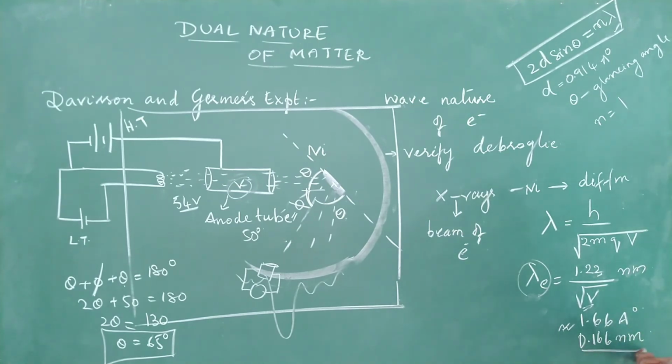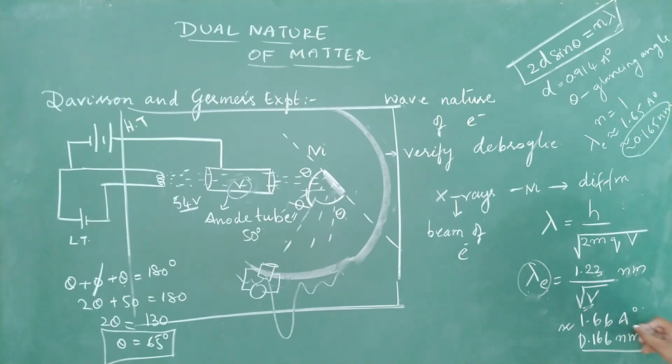So this was the de Broglie's equation for the wavelength of electrons. You know the value of d, you know the value of theta as 65 degrees, and when you calculate the wavelength using Bragg's equation, the wavelength has come out to be nearly 1.65 angstroms or 0.165 nanometer.